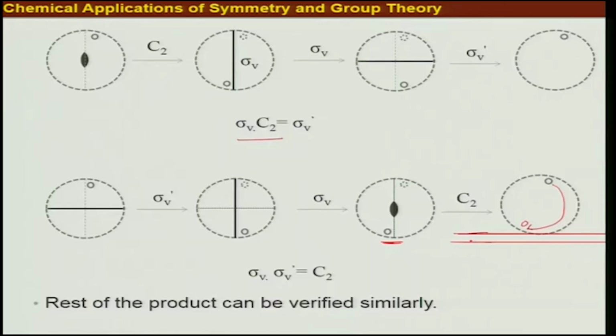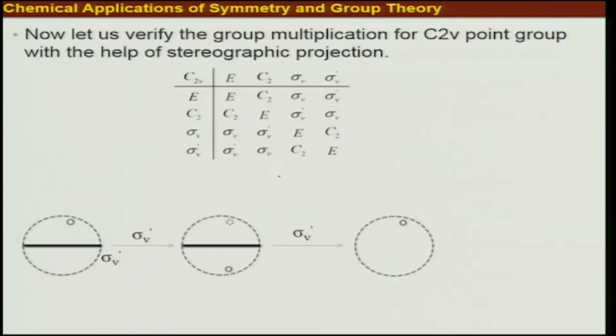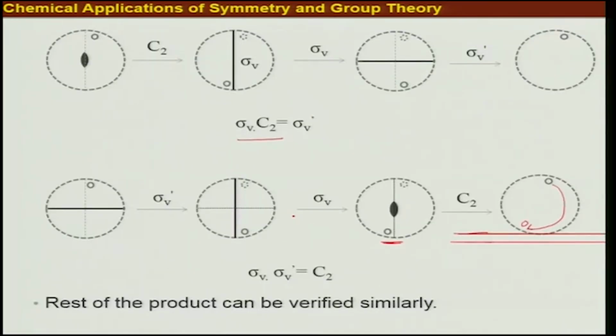So that means that sigma v prime sigma v is nothing but equal to C2, and if we just have a quick look at the group multiplication table, then we can see that it gives me C2. Also from here you can see that it doesn't matter which way I come, sigma v sigma v prime or sigma v prime sigma v, it gives me C2, which also means that I can find out about the commutativity. Okay, so you can verify all the other products that you can form.